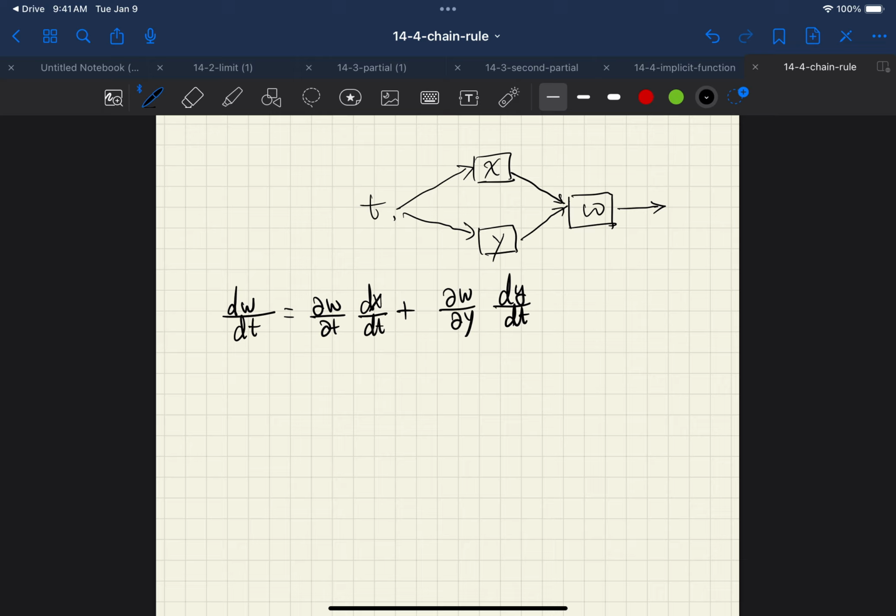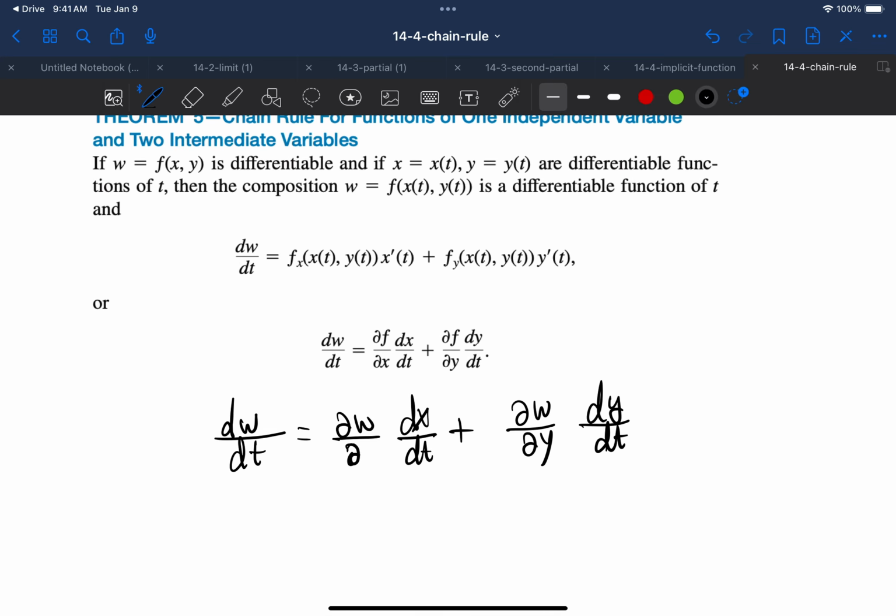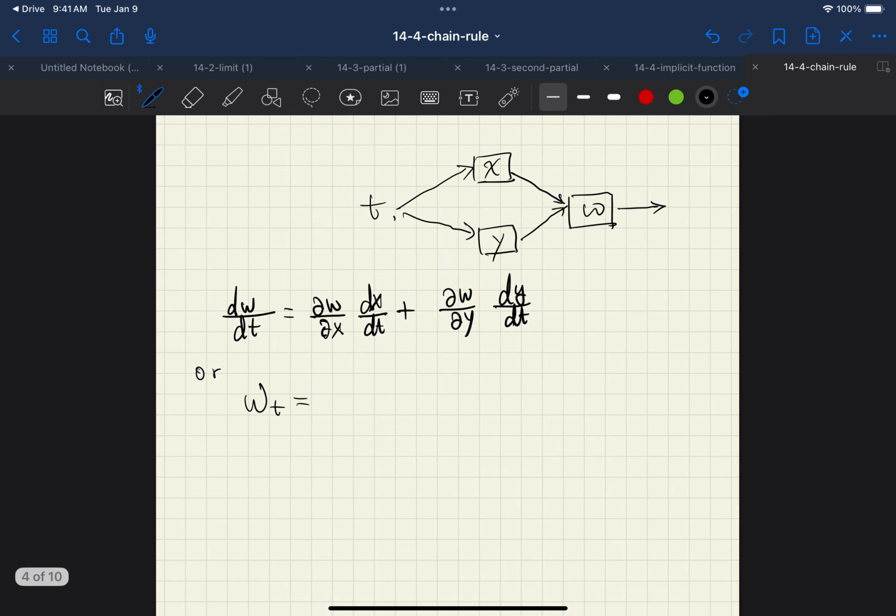Or we can rewrite this as w_t equals, oh, this is not correct. This is w_x, partial x. And here, this is partial x. So we can rewrite this as w_x x_t plus w_y y_t. That's another, simpler way.